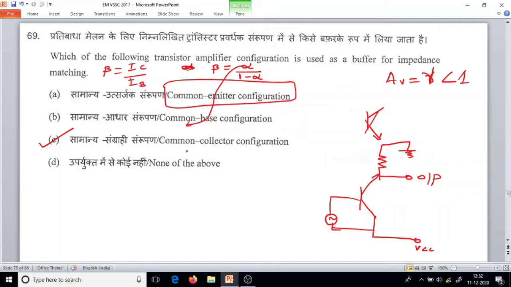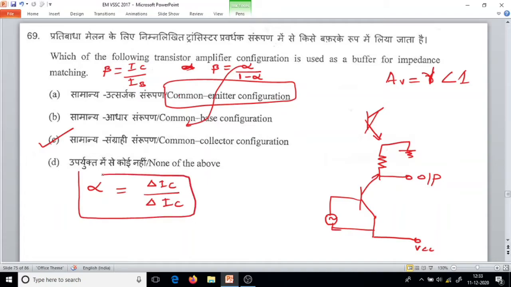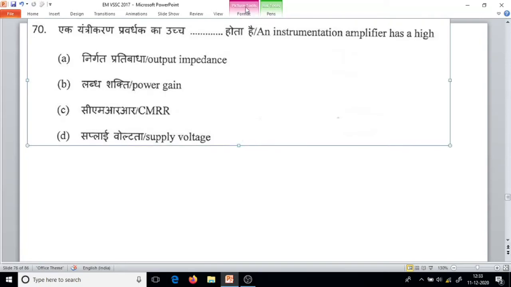I hope all of you know, in common base, alpha equals delta IC divided by delta IE. So these are the things you should know. But for this question, the common collector configuration is used as a buffer for impedance matching.